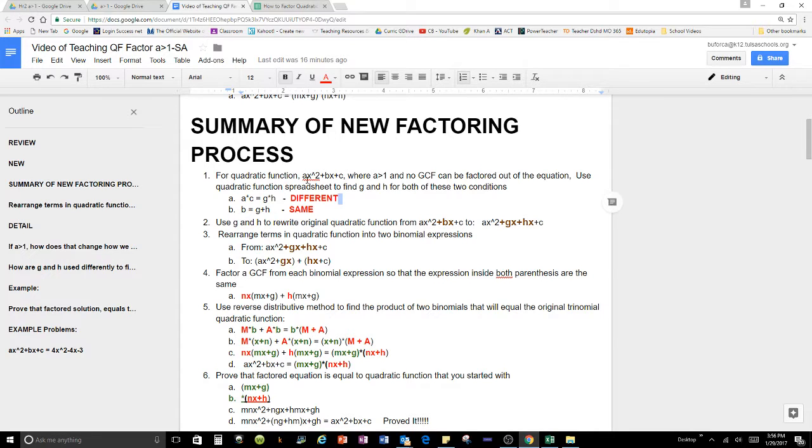If we have a quadratic function, ax squared plus bx plus c, when a is greater than 1 and no GCF can be factored out of the equation, then we still have to use the quadratic function spreadsheet to find G and H. But the way that we find G and H is just slightly different. Again, you don't have to use the spreadsheet, but if you don't like keeping a lot of those numbers in your head, then the spreadsheet's the best way to go.